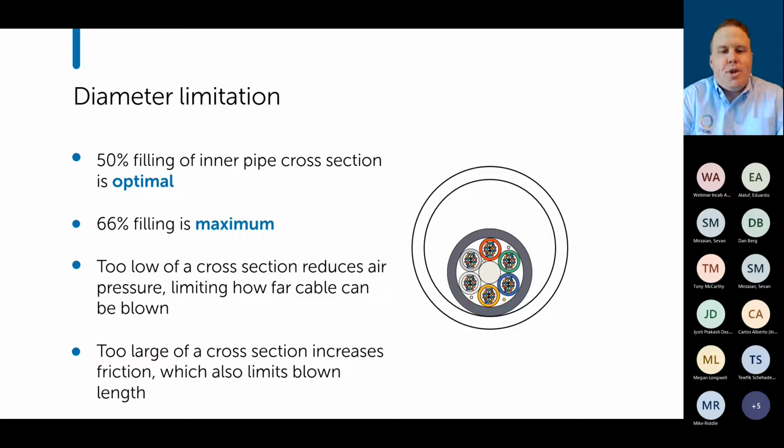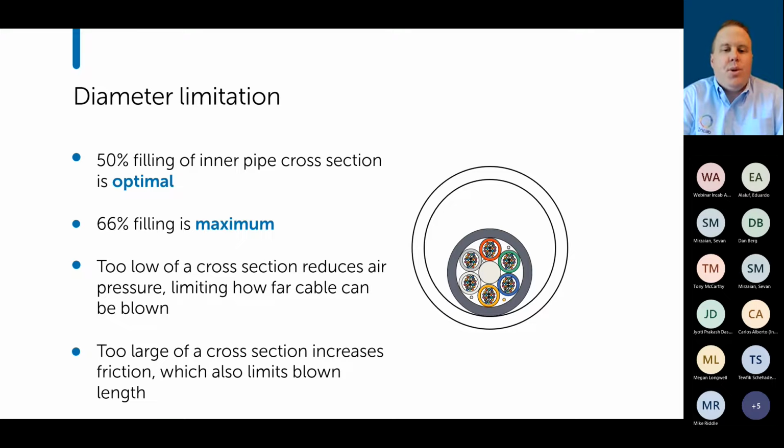The thing is, if we have too low of a cross section, we're going to reduce the air pressure, and because we're reducing air pressure, that cable, as you get pushed far enough into it, can almost form a little bit of a wavelength shape inside of the duct. So now you almost start bunching the cable a little bit because you're trying to push it from one side, but that airflow isn't able to carry that cable down the rest of the duct.